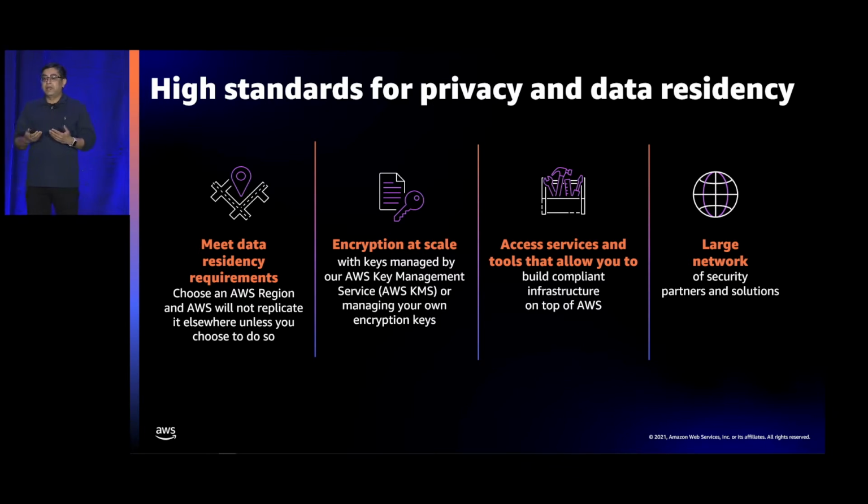It gives you a wide gamut of integrated services for your workloads and applications. And within the guards of those high standards of privacy and security that we enable in region, AWS by itself is never going to move your data outside the region that you have stored the data in. You as a customer decide when you want to move the data to a different region for various reasons. It could be high availability, disaster recovery, or whatnot.